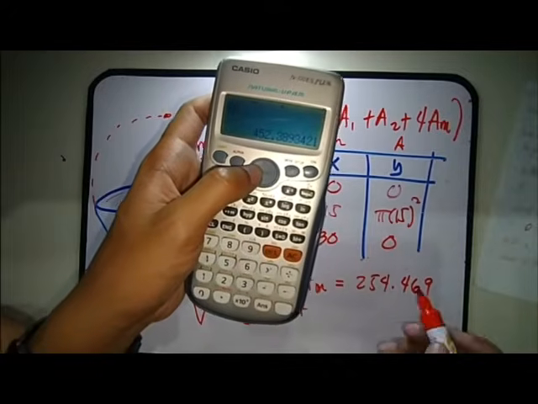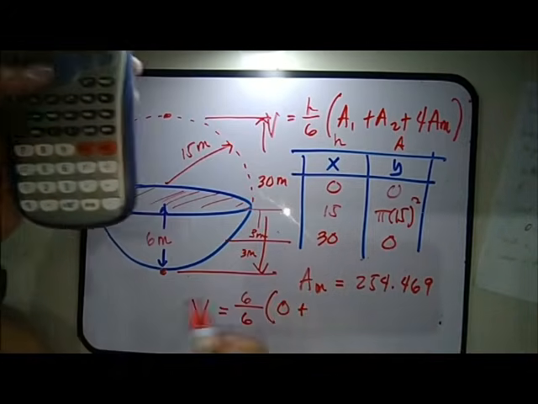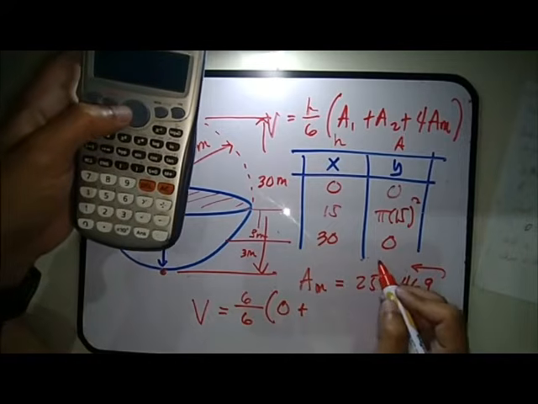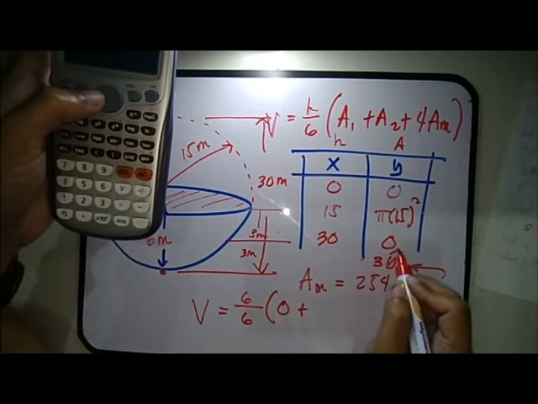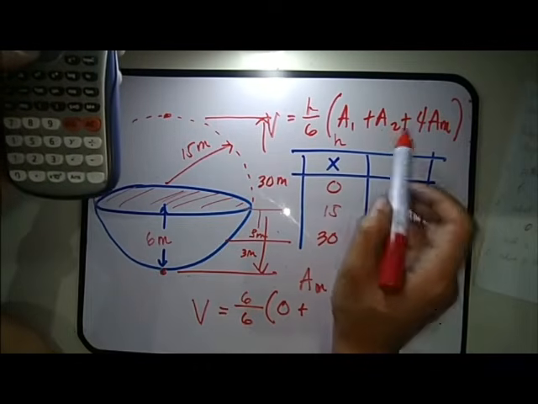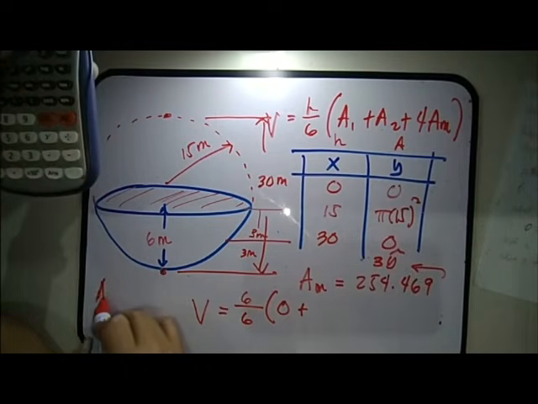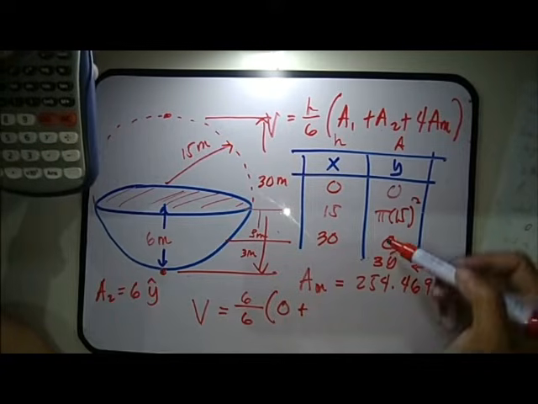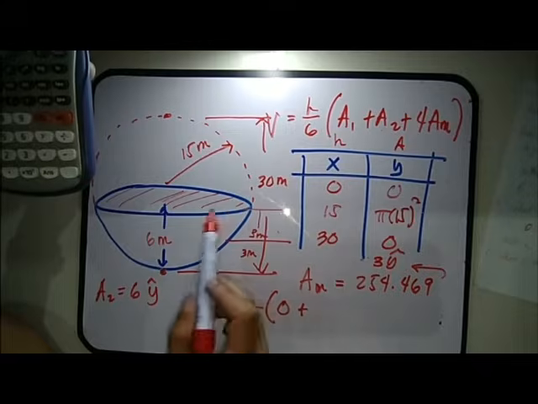So, ang A1 natin is 452. So, this is galing to sa 3 y hat. Ito, ang A1 or A2, A2 is galing siya sa 6 y hat. Ito area. So, at height 6, ano yung area doon?